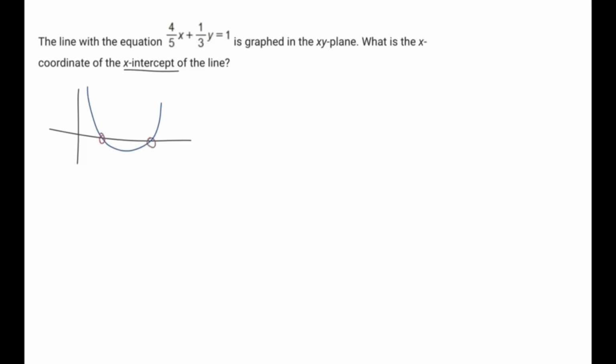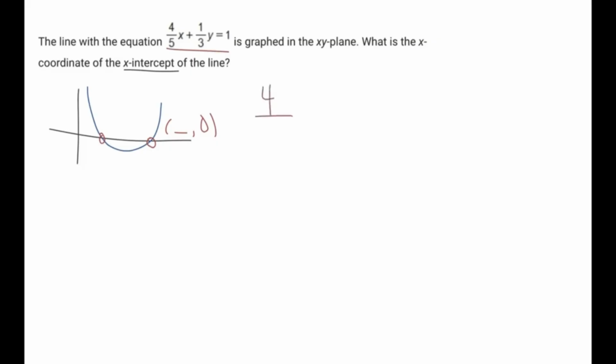The zeros. And so at these points, if you were to write out the coordinates, you would have 0 as your y value, right? Because whatever x value you have, it outputs a y value of 0. And so in our case, we know that the y value in this equation has to be 0 if we're representing it to find the x-coordinate of the x-intercept.